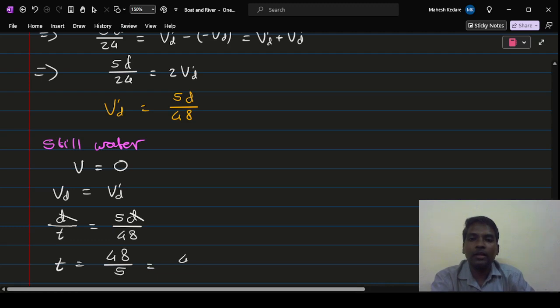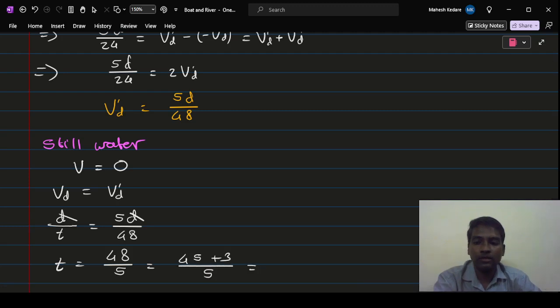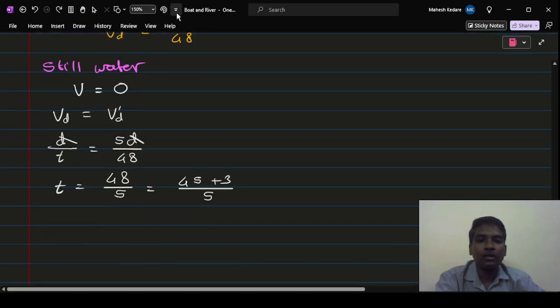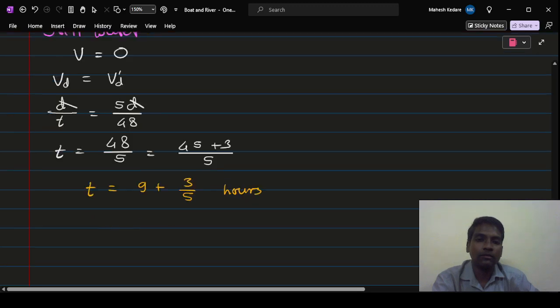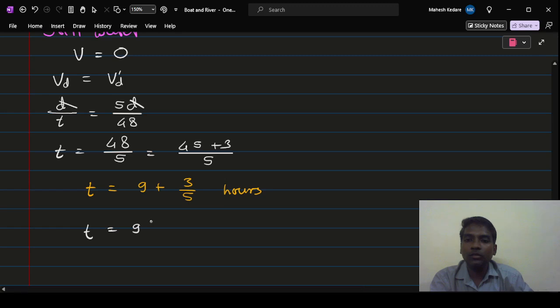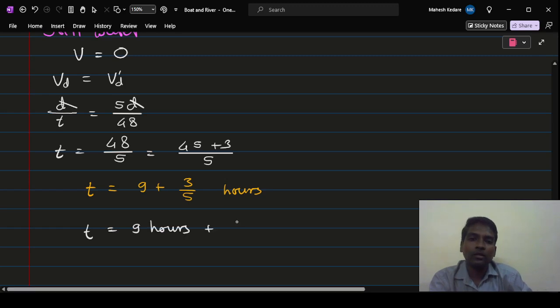We can write 48 as 45 plus 3 divided by 5, and it gives us the time t equal to 9 plus 3 by 5 hours. That is, t is equal to 9 hours plus 3 by 5 hours.